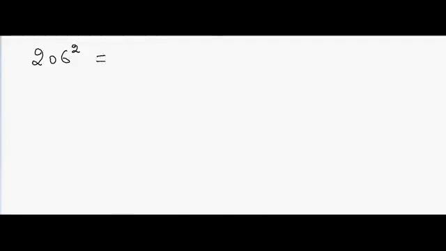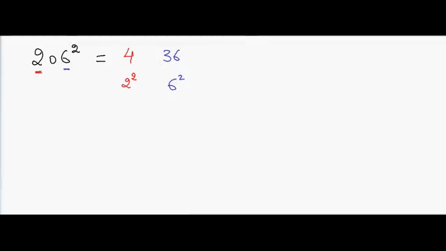In that case, first I'll look at the first digit, and I will take a square of that digit. So 2 square is 4. Then I'll take the last digit and I'll take a square of that digit. So square of 6 is 36, right?